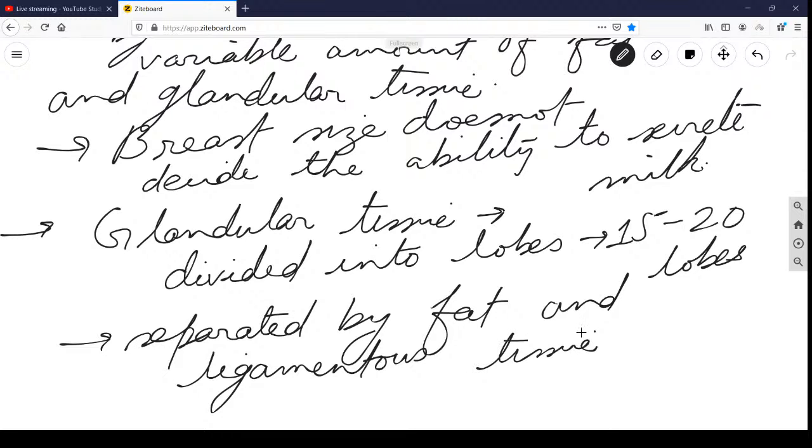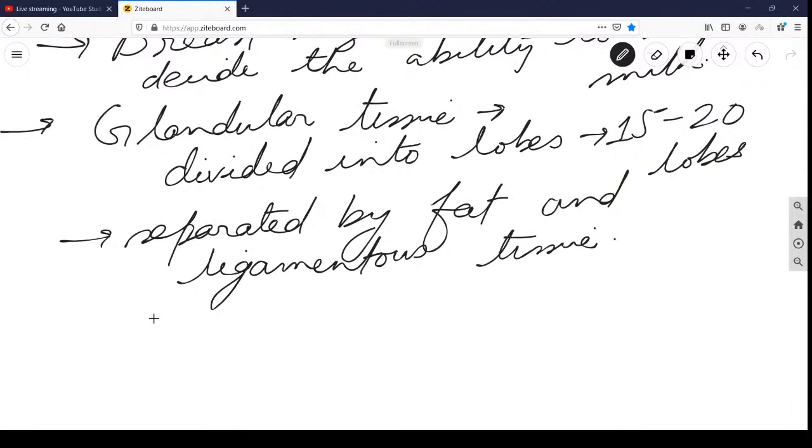So this ligament is not like the ligament that you have studied. It has more elastic fiber, less collagen fiber. The ligamentous tissue here is known as the suspensory ligament of Cooper.